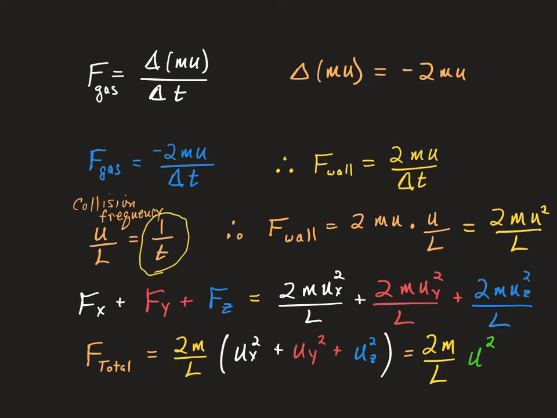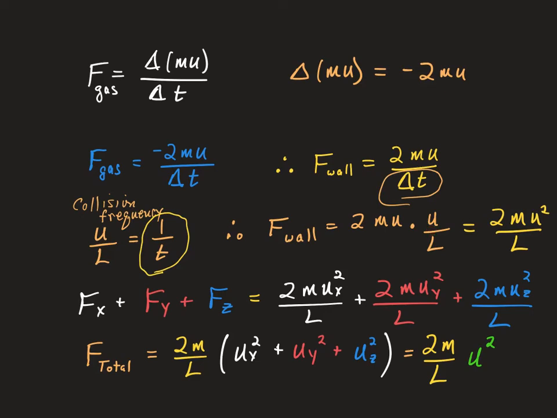Well, note we have a time unit in the denominator here, right? So if we can substitute the collision frequency for that 1 over time unit, we get this, right? So we're replacing our 1 over time unit here with the 1 over time unit we get from our collision frequency. And so we get then the collision frequency multiplied by this.